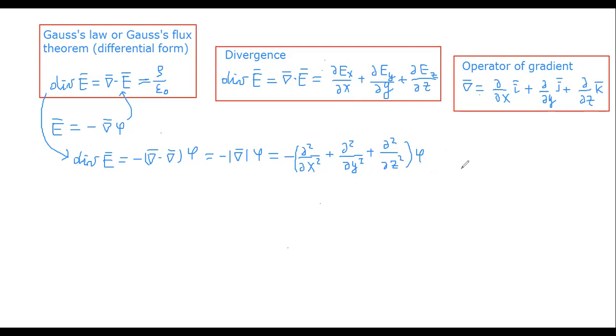And it can be written in short form as minus triangle phi. What does this triangle mean? It is another vector differential operator, the Laplace operator.